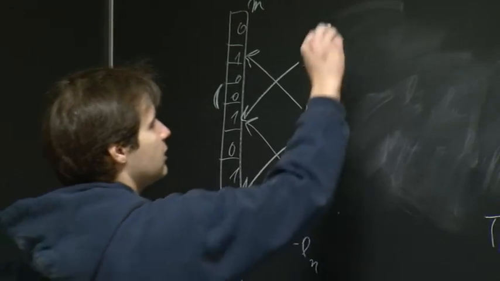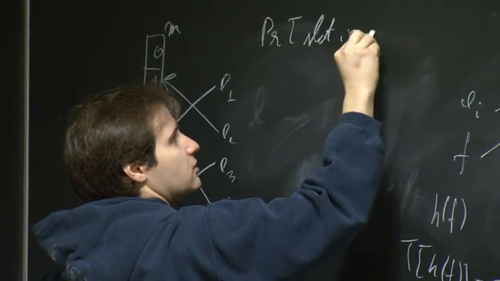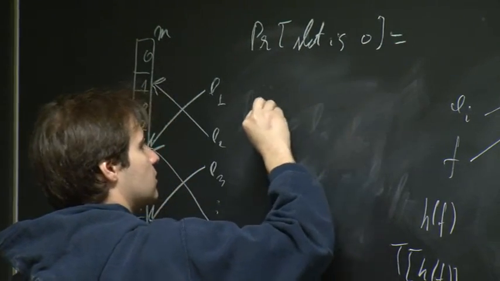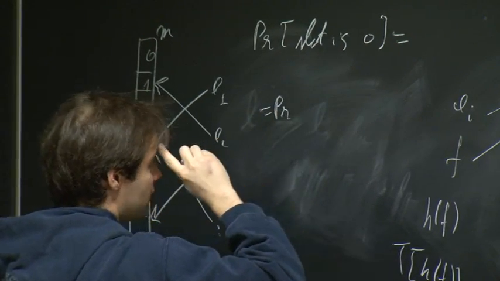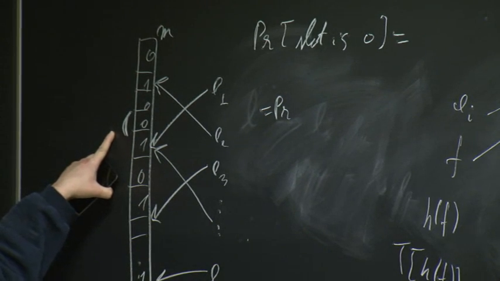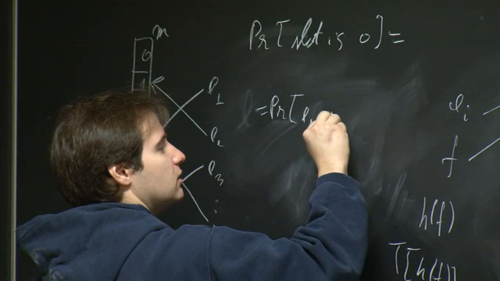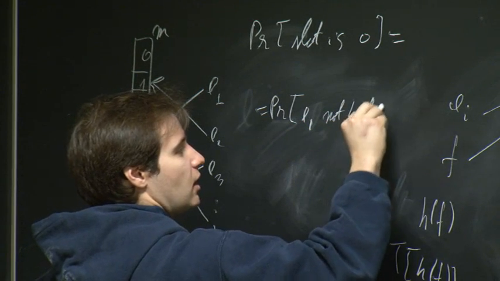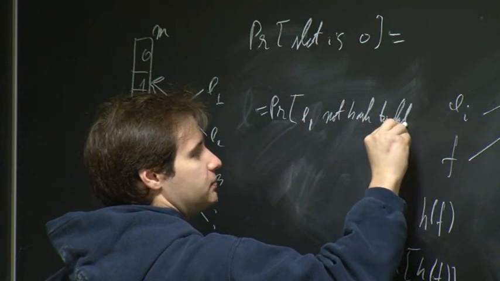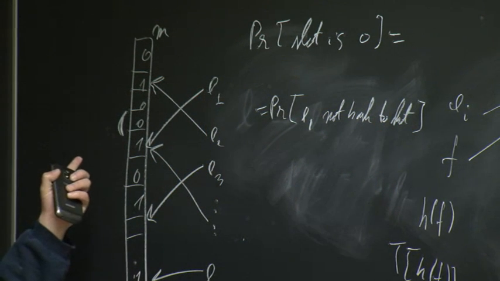The probability that the slot is a 0 is the probability that the first number didn't map to it, right? Otherwise, it would be a 1. E1 didn't hash to that slot. E2 also couldn't map to that slot, right?